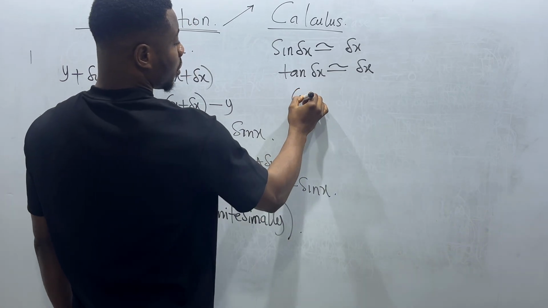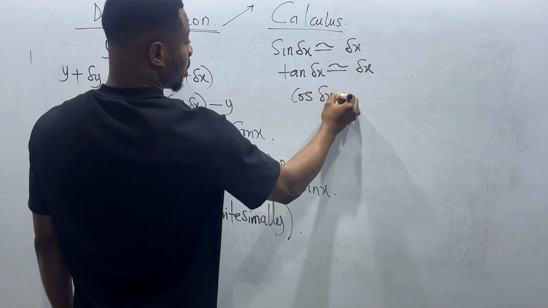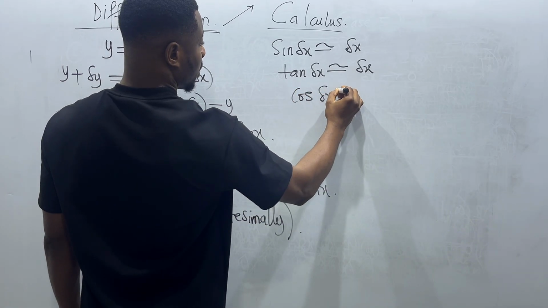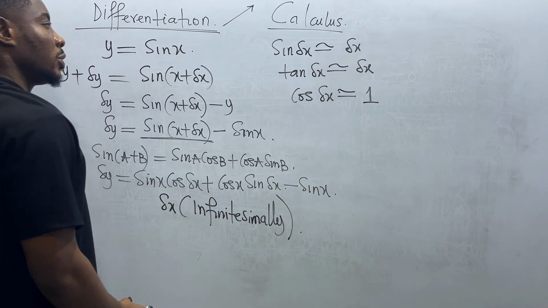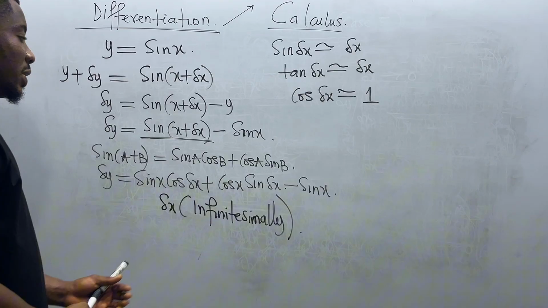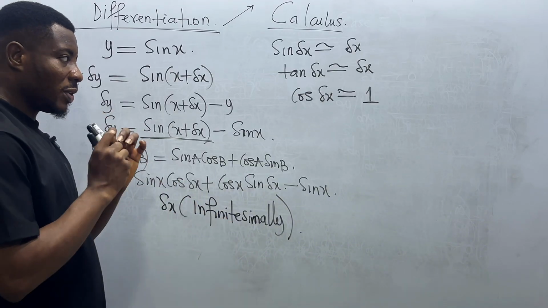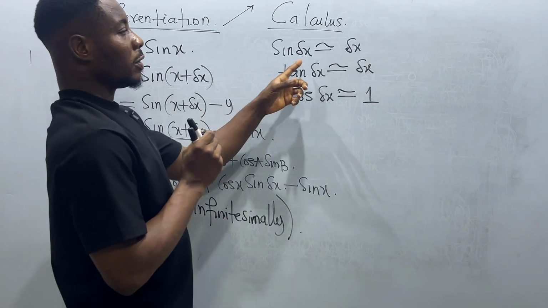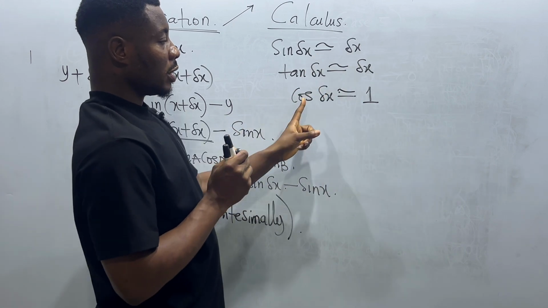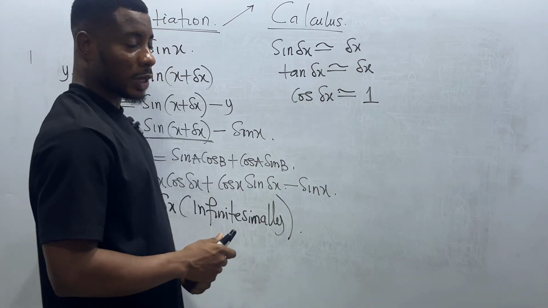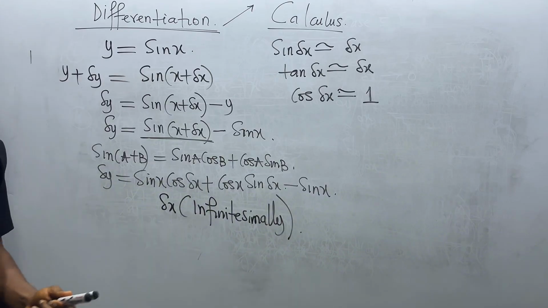However, cos of change in x gives us 1. So when change in x is very very small, sine of change in x tends to change in x, tan of change in x tends to change in x, but cos of change in x tends to 1.